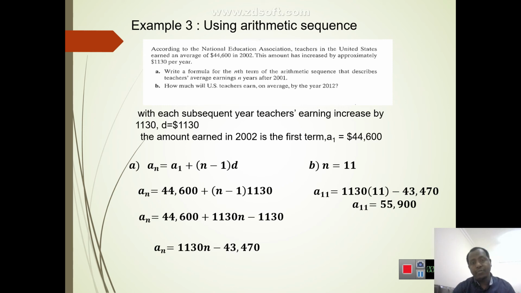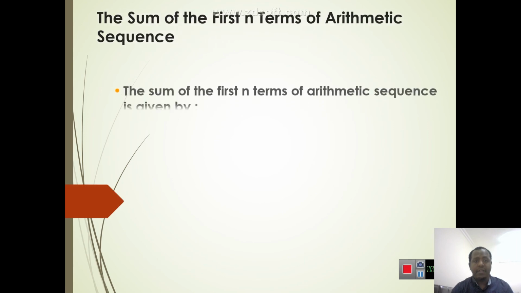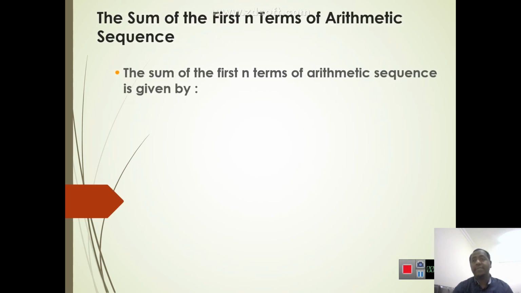Now I'll go to example 4. Example 4 talks about the sum of the first n terms of an arithmetic sequence. There is a very important general formula that helps you find it.